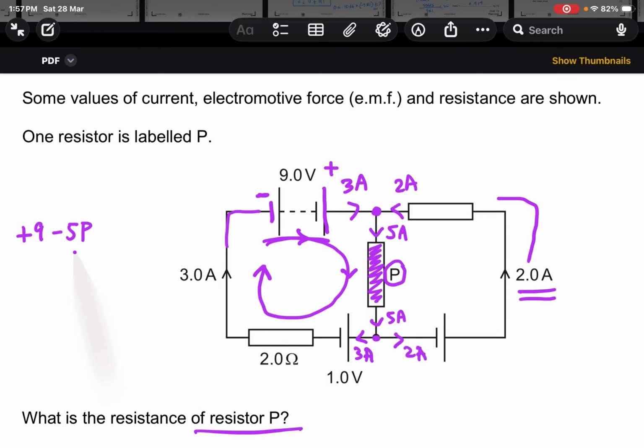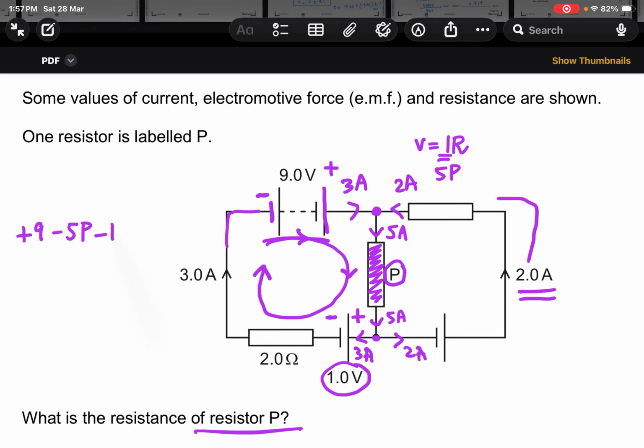So negative 5P, because you know that voltage equals IR. I is the current, which is 5, and R equals P, which is the resistance. And then I move across my battery from the positive terminal to the negative terminal. Whenever I move from positive to negative, my voltage gets used up.